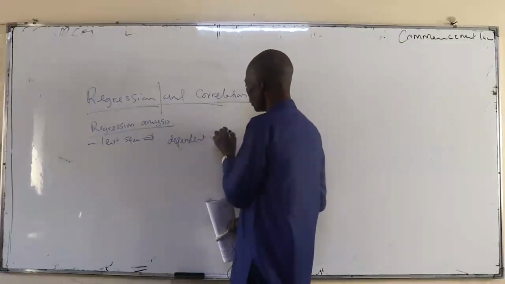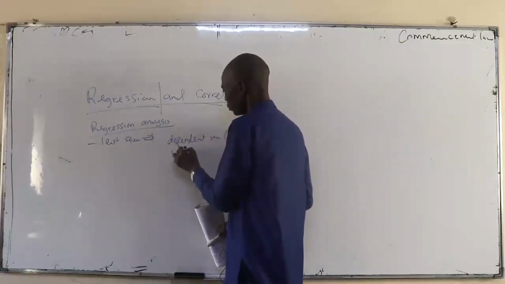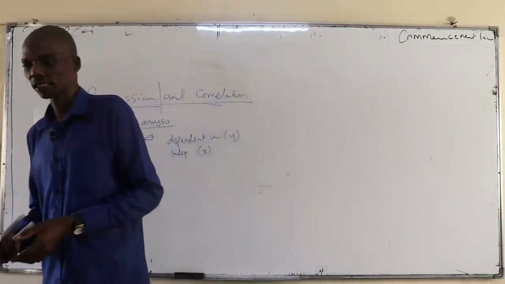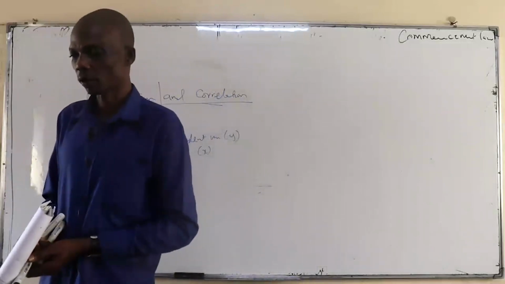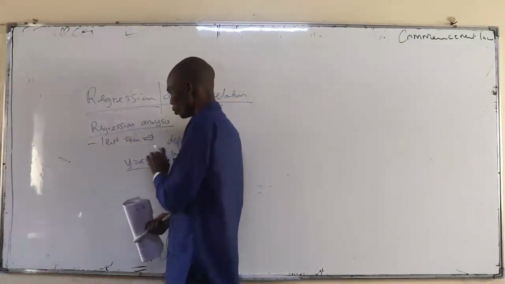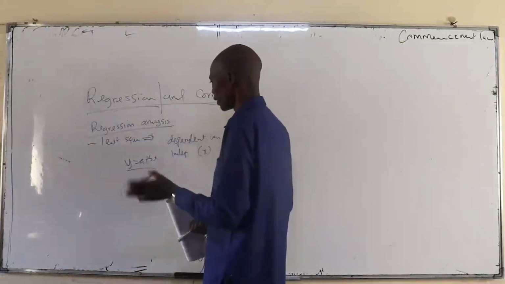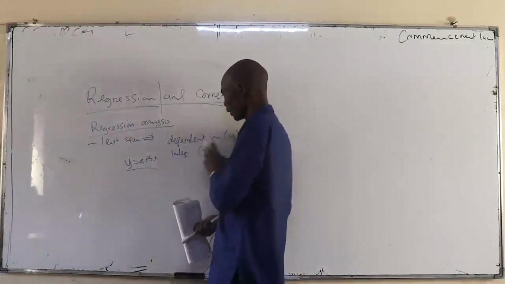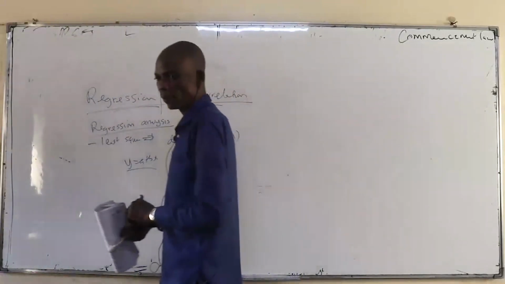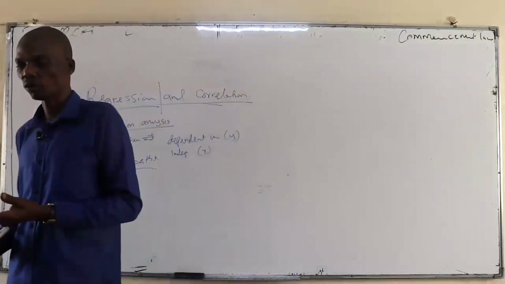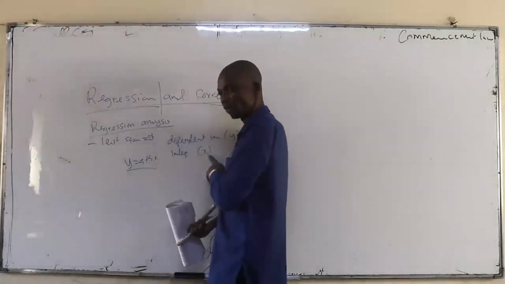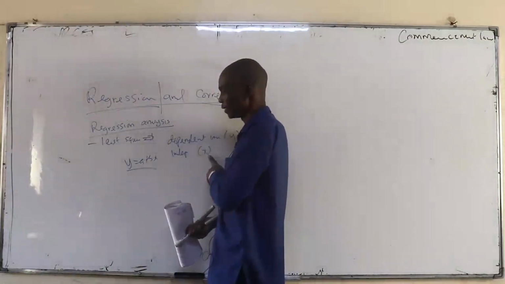We denote the dependent variable by y, and the independent variable by x. The value of the dependent variable will change, increase or decrease, depending on the value of the other, which is what we refer to as the independent variable.